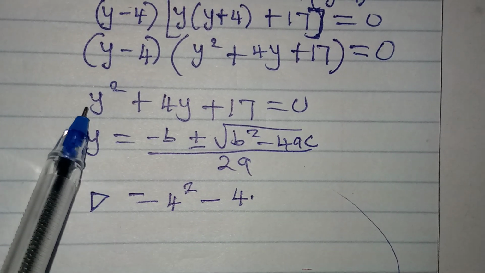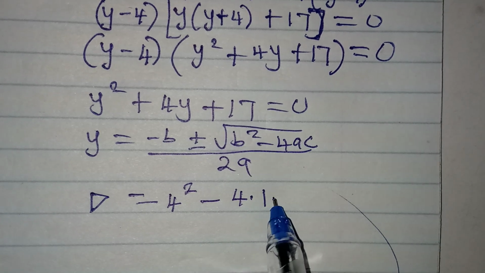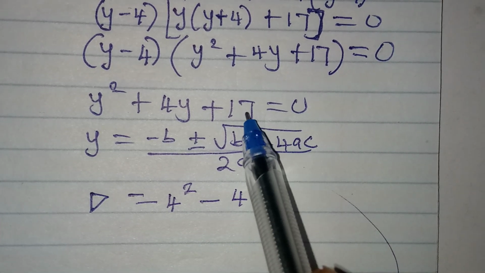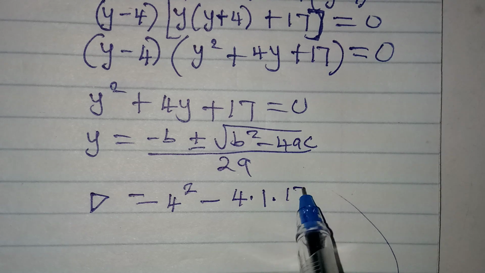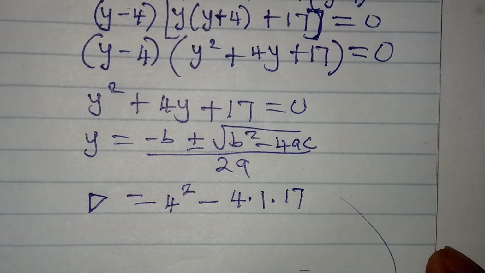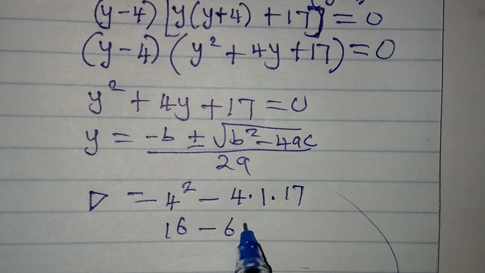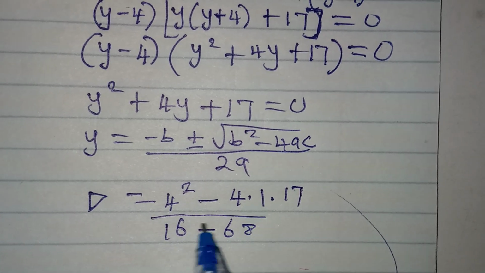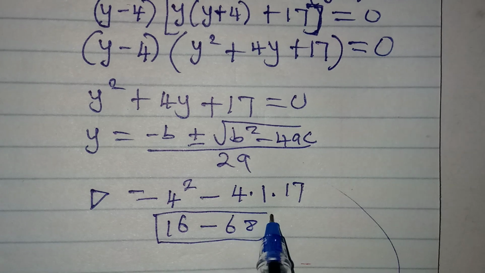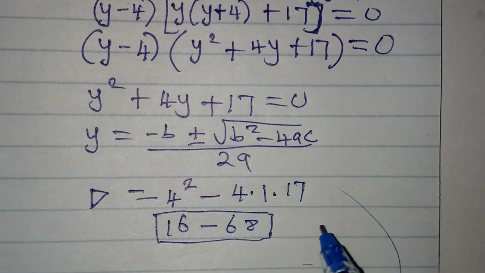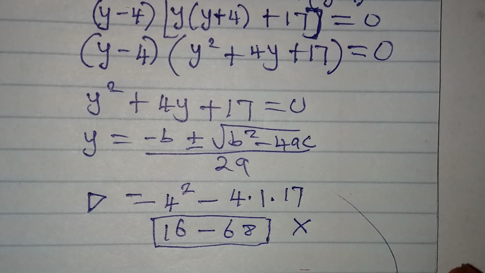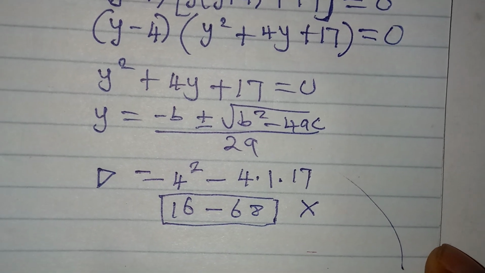A is the coefficient of y squared, and that is 1, multiplied by c, which is the constant, 17. So if I multiply this now, I'm going to have 16 minus 68, and this will definitely give me a negative value. So if it is negative, then it will be rejected because it's not giving us a real solution.